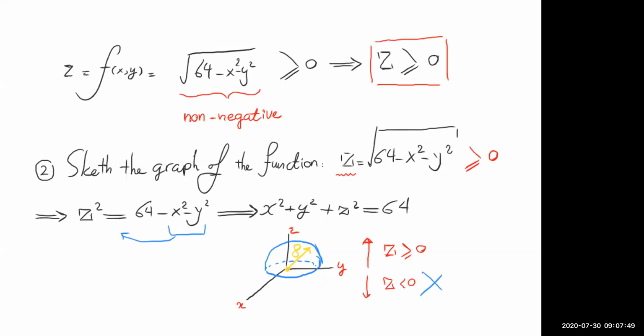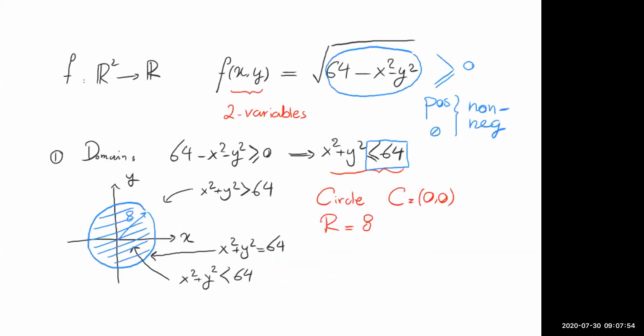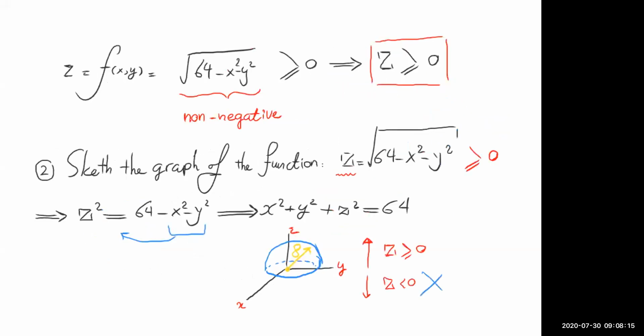Okay, there are two questions. One is someone wants to see this slide. So here we computed the domain of the function, which is the circle with radius 8 centered at the origin and everything which is inside that area. And here someone else has asked, is z always equal to f of x and y? Well, this is something I can do.